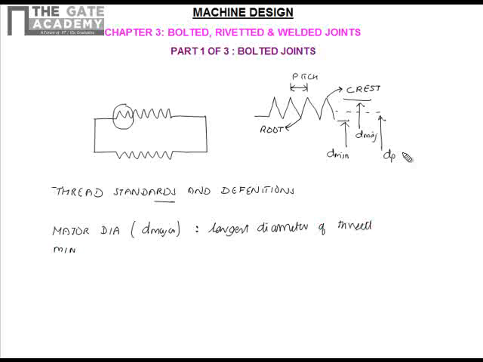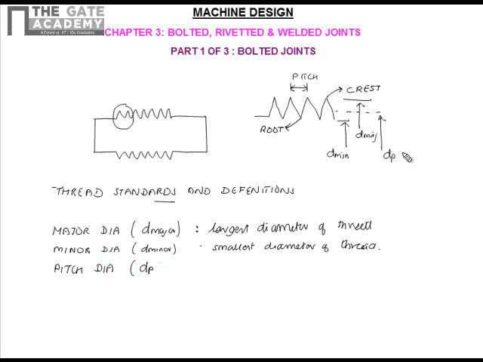Then we have the minor diameter, D minor, which is the smallest diameter of a thread. Then we have the pitch diameter, dP. This is important.